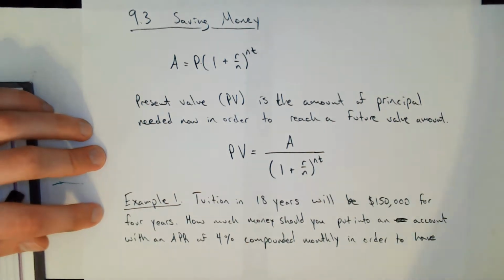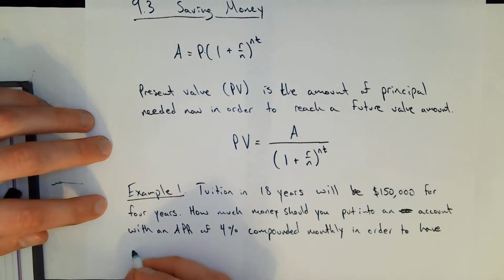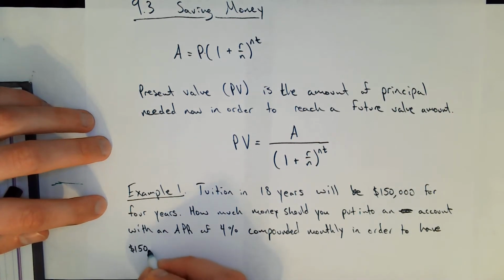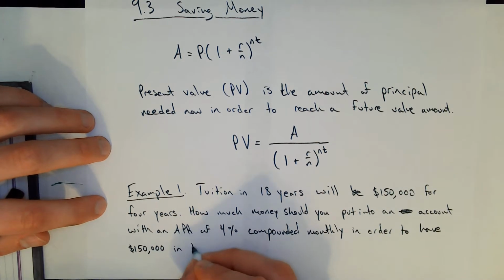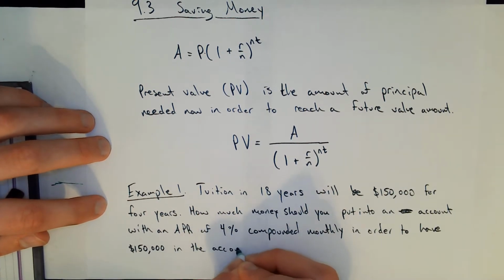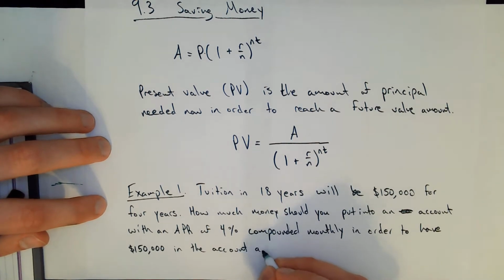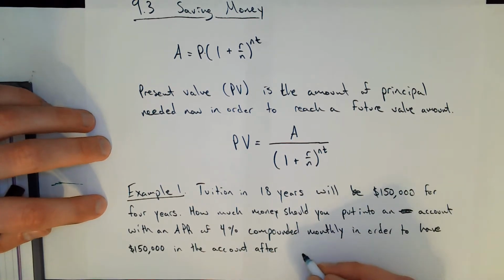How much do you need? Well, 150,000. In the account after how long? Well, you've got 18 years roughly, right? Until that child is ready to go to college.